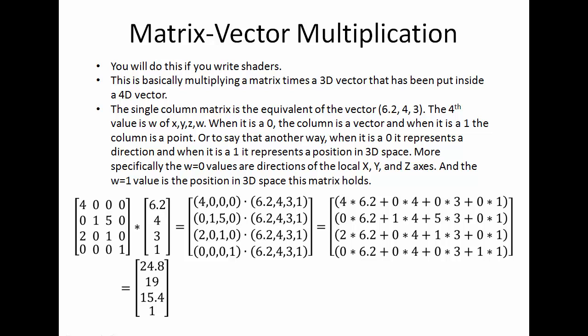There's an example at the bottom of how to multiply a vector times a matrix. We've taken our vector 6.2, 4, 3 and put it into this 4D vector as a 4 by 1 matrix and multiply it by a 4 by 4 matrix. This is what we're doing with our matrices.